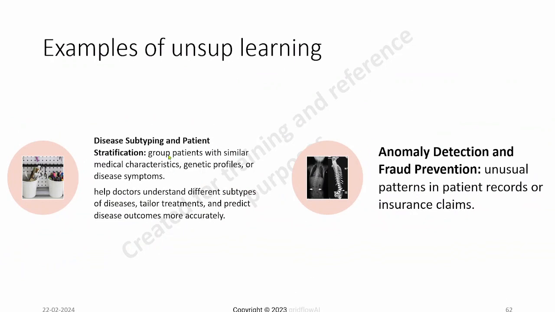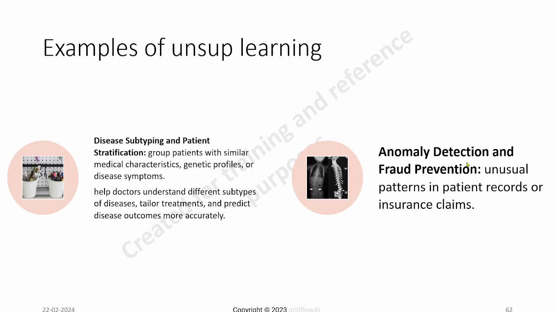So where do we actually use unsupervised learning? Quite a few areas. For example, you would like to group the patients with similar medical characteristics or genetic profile, or could be some symptoms of disease. Based on all these characteristics, we might want to group the patients here. And it's going to help the doctor in further diagnosis or providing medications or instructions and other things that we have in the medical domain.